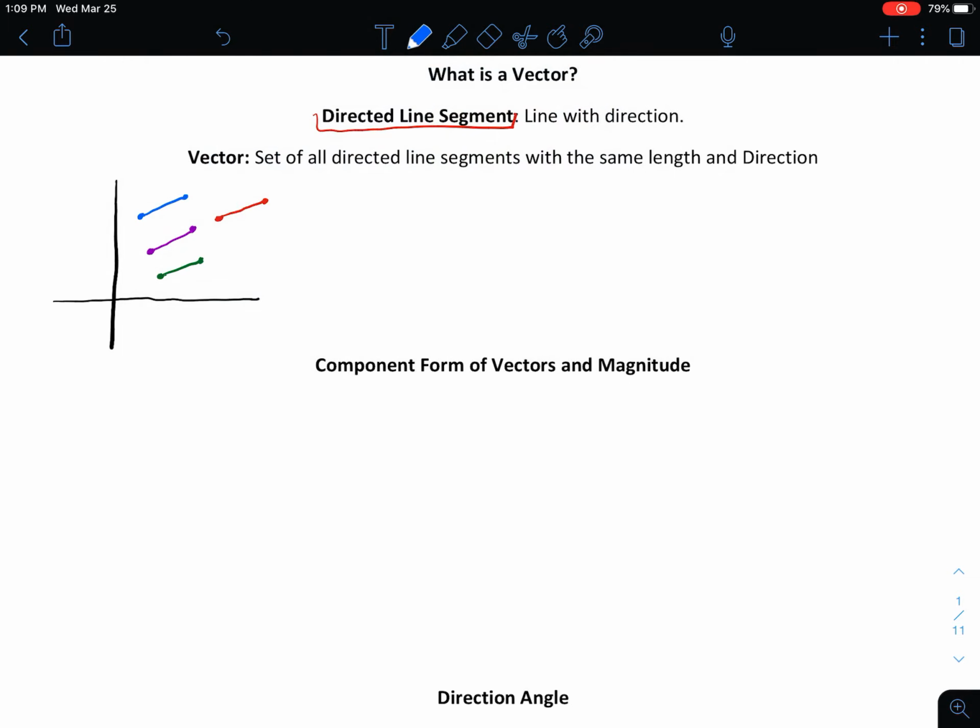Well, a vector represents the set of all directed line segments that have the same length and the same direction.